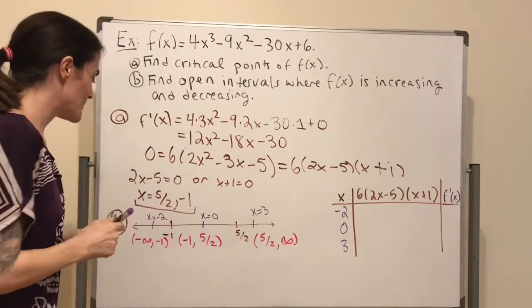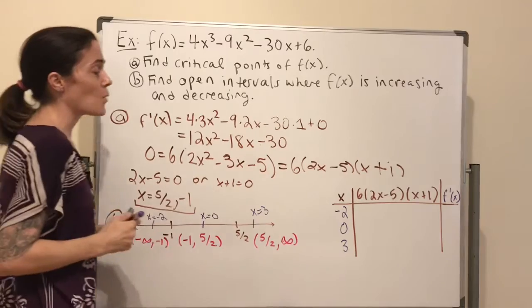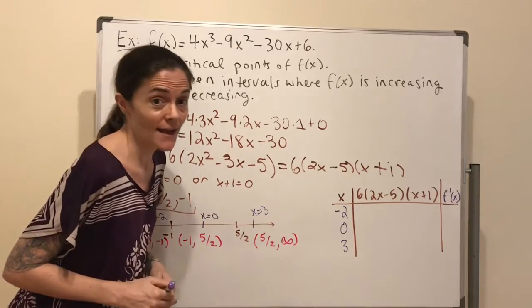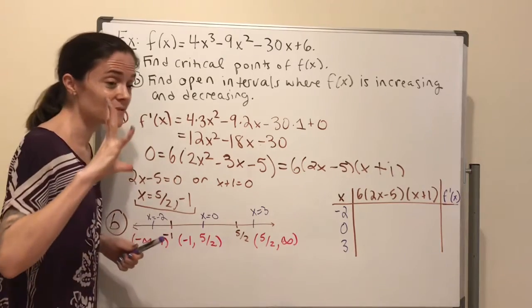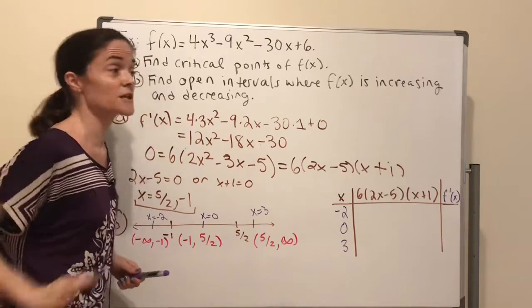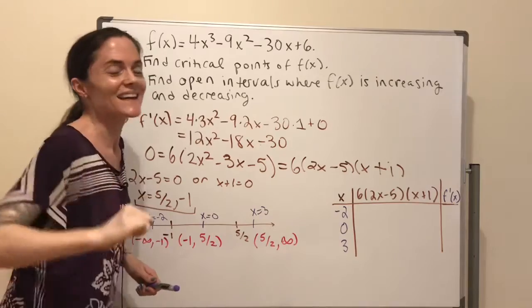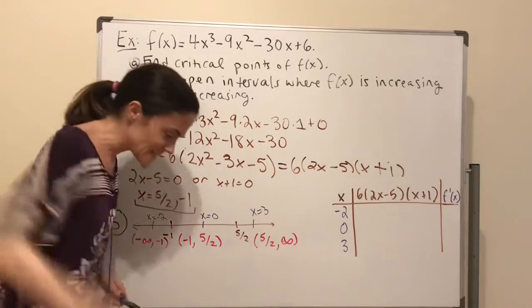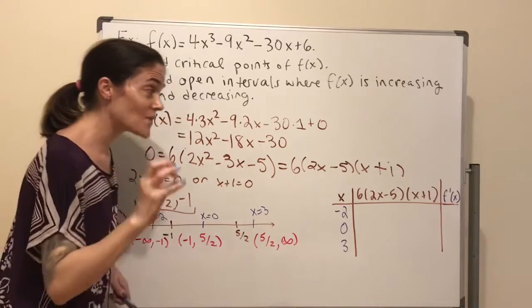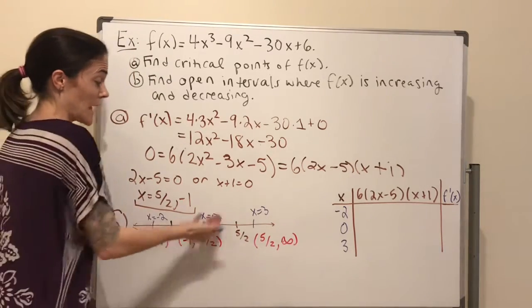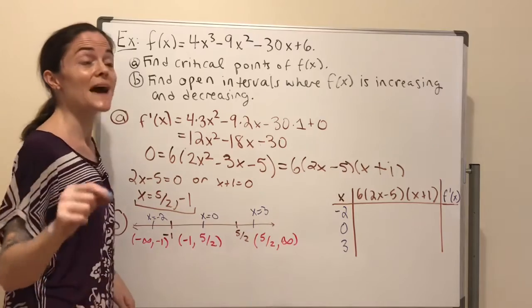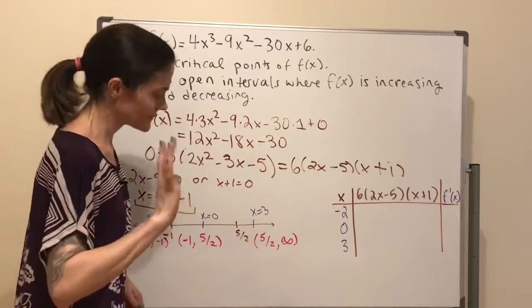I see people mess up. Now, what matters here is the sign, because if I get positive derivative, as I have said, the function is increasing. If I get negative derivative, the function is decreasing. So the actual value of the derivative doesn't really matter. That's why you can pick any point in the interval. What matters is the sign.